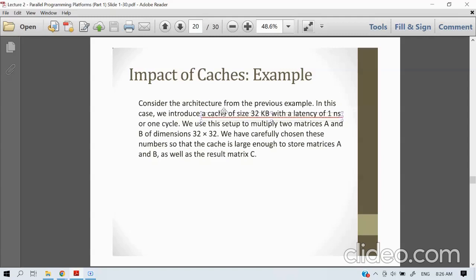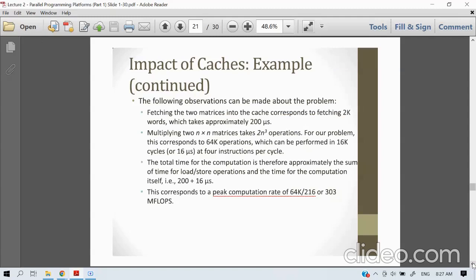We use this setup to multiply two matrices A and B of dimension 32 times 32. This example is carefully chosen, so it is small enough to be stored in the cache, together with the result of the multiply operation. So let's observe the situation.